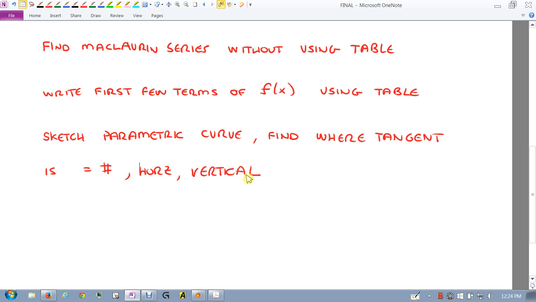If I tell you where is it horizontal, you set it equal to 0. If I say where is the tangent line 2, you set it equal to 2. If I say where is it vertical, you ask where's the bottom 0, where do you get division by 0?